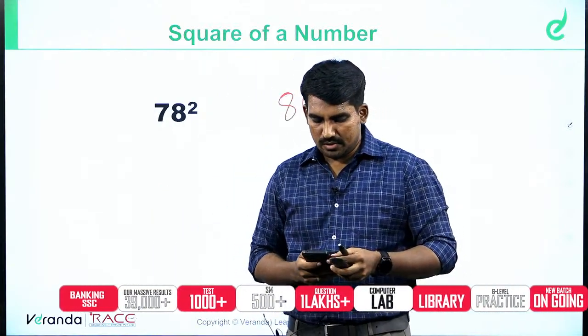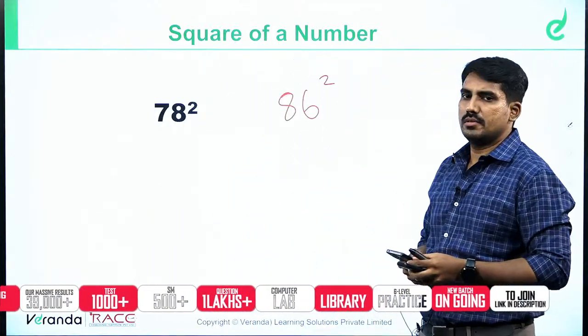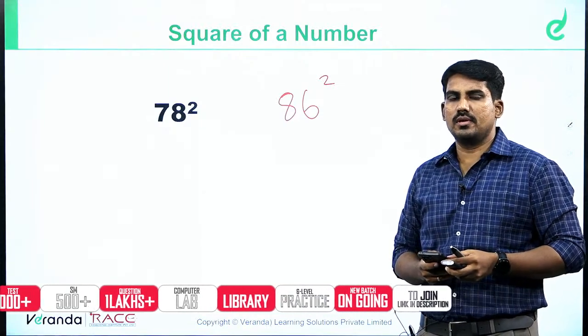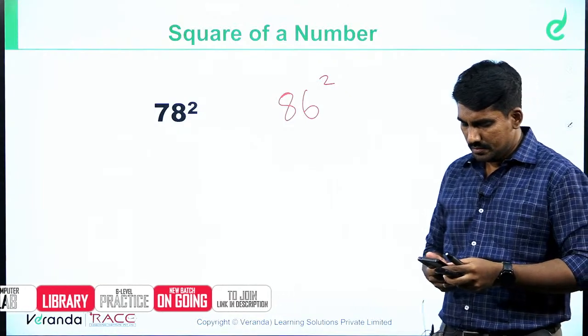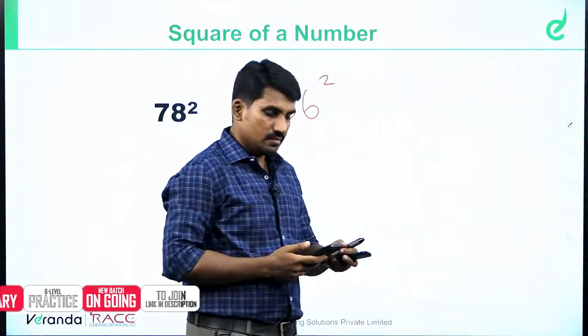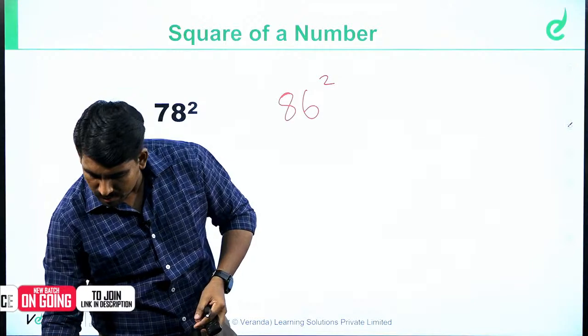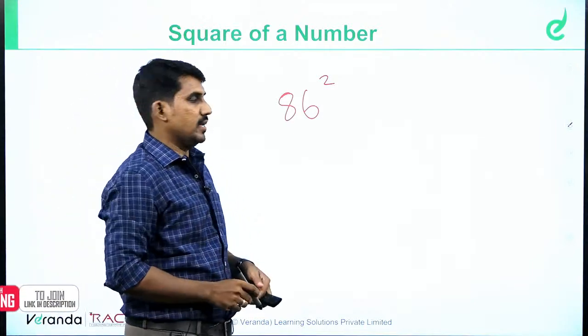Give the answer. Same shortcut, same shortcut we can apply. Right? So 86 square, right?